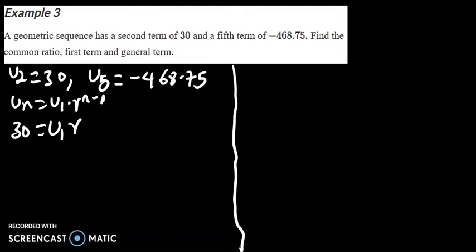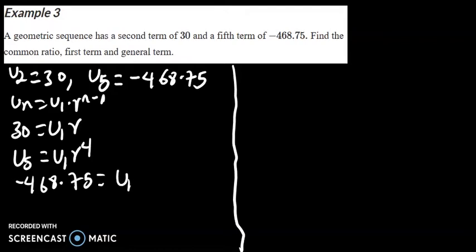Then let's go to u5. We're doing a substitution: we're going to substitute one value into another. So u5 will be u1 times r to the power 4. So u5 is minus 468.75, which equals u1 r to the power 4.